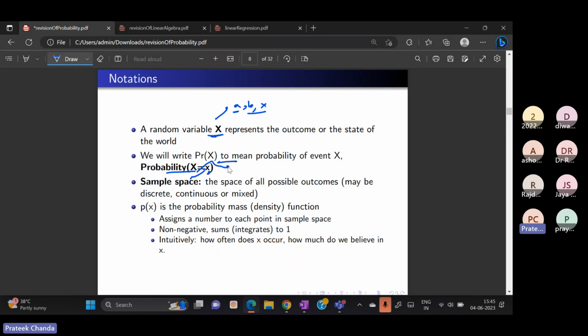Similarly, the sample space is the space of all possible outcomes. It may be discrete, like a set of events, or continuous, like the real numbers, or even a mix of both.